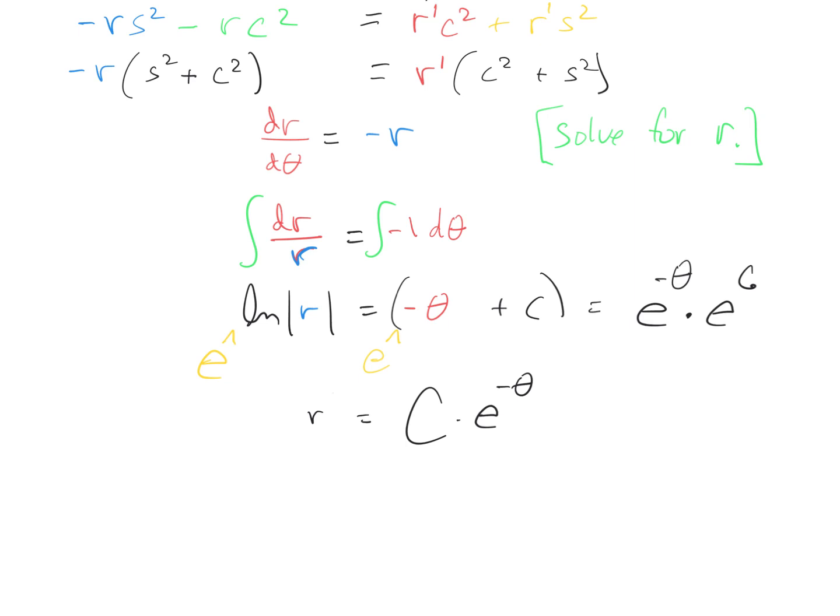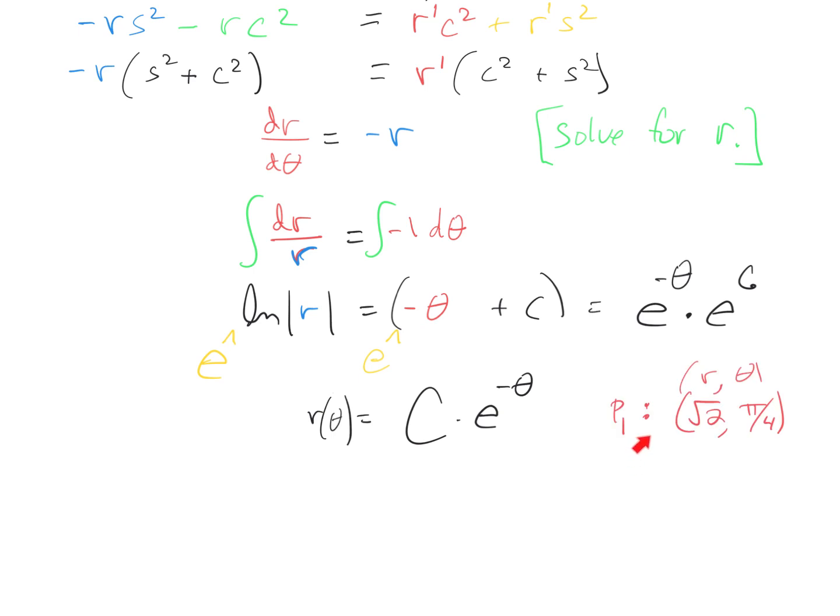Because the absolute value sign meant the right side could have been positive or negative, but if we're just going to have a constant there, that can be positive or negative, so we can just say r. We are cooking here. r of theta is some constant times e to the negative theta. Well, now we just need to find what c is.